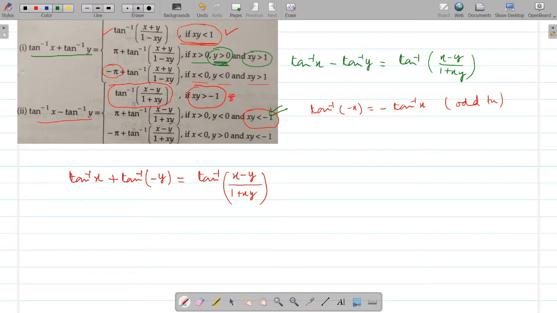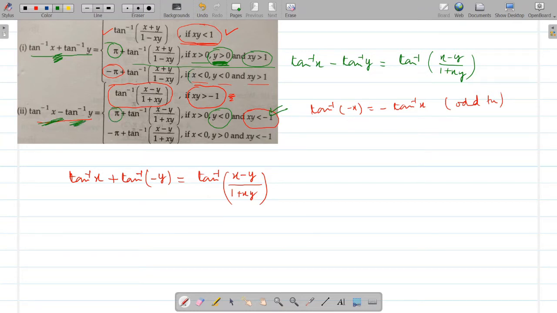And this y was greater than 0, and when I am replacing y by minus y, obviously y will be less than 0. So in that case, I can use the formula directly, but what will happen here? I was adding pi in tan inverse of x plus tan inverse of y. So in tan inverse of x minus tan inverse of y, again I'll add pi.